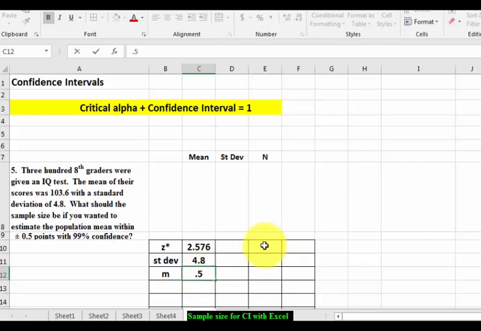Okay, so what we're going to do is a little bit of math. Equals, I want the Z star, shift 8, times the standard deviation equals. Now I'm going to take that number and I'm going to divide it by the new margin of error. Bam.